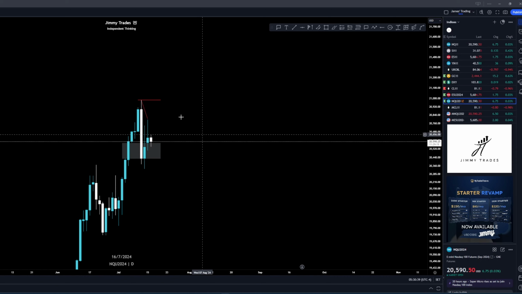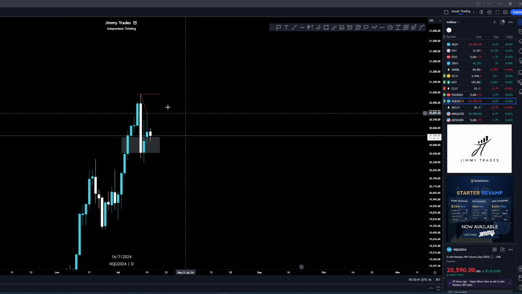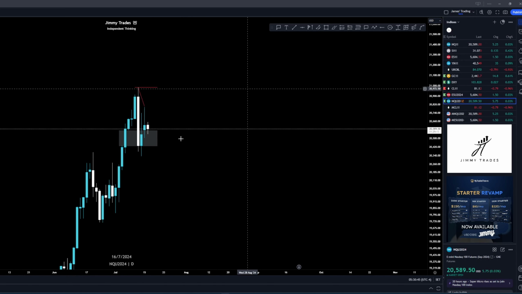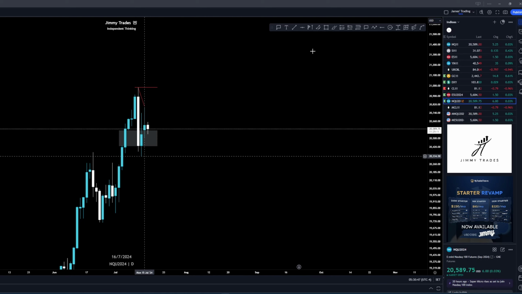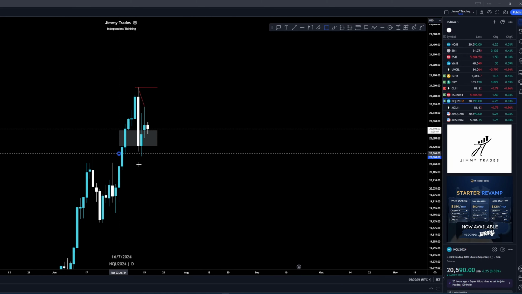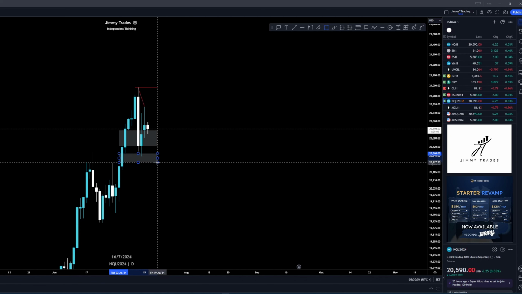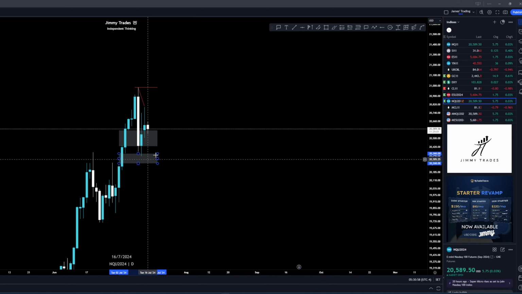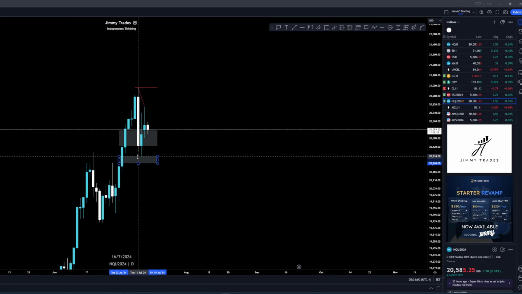So with that considered, we've got the SMT at the highs here. Price has left, when it came down into this internal level here, some of that area unmitigated.